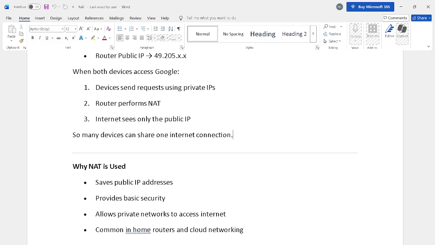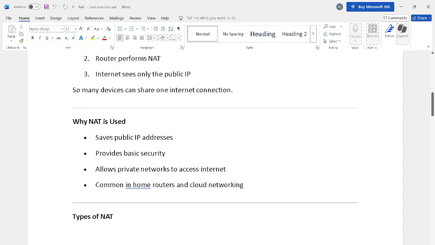What NAT does is it links all private IPs to one public IP. So when everyone hits Google or any public website, they can only see traffic from this public IP, not the private IPs.